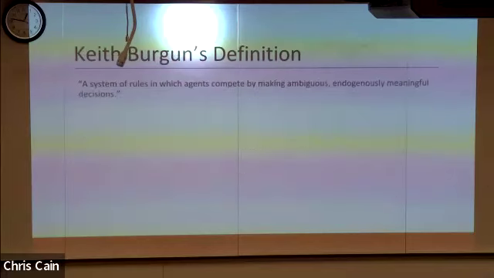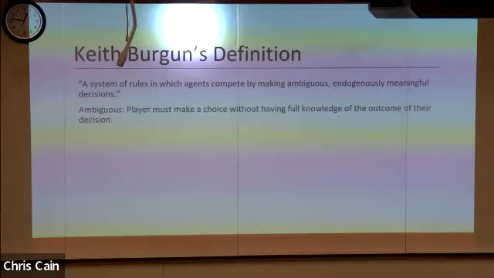Keith Burgun's definition: a system of rules in which agents compete by making ambiguous, endogenously meaningful decisions. Ambiguous here just means that a player is making a choice without necessarily having full knowledge of the outcome of that decision.